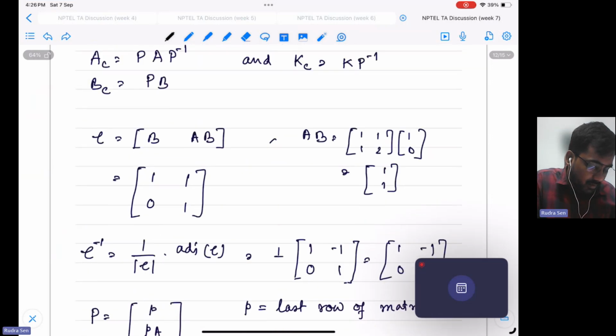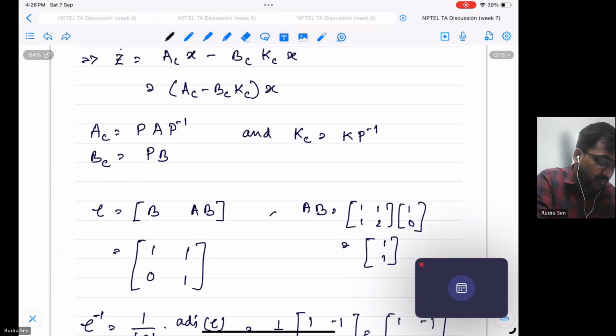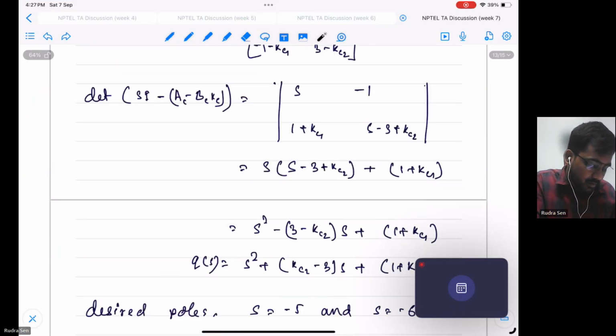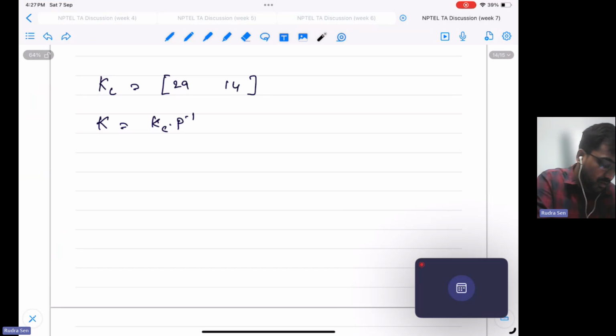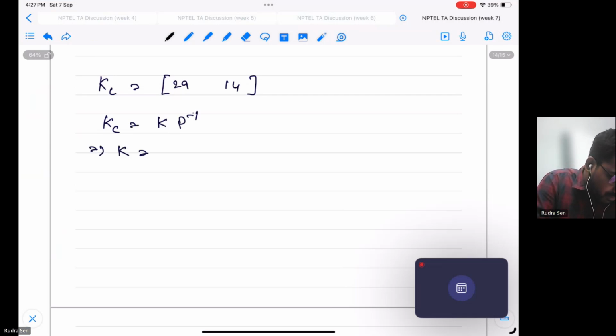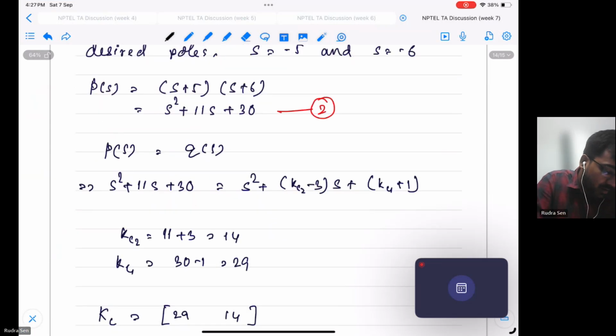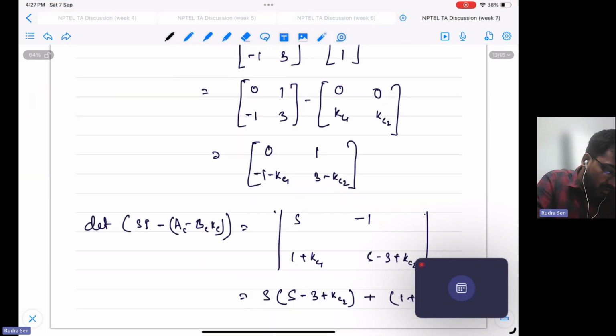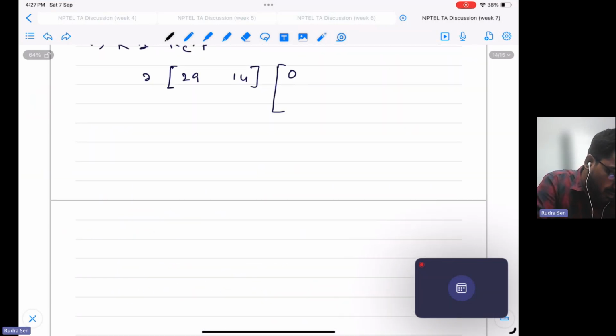Now your Kc is K into P inverse, right? This means that K equals Kc into P. So Kc is 29 and 14, and P is [0, 1; 1, 2].